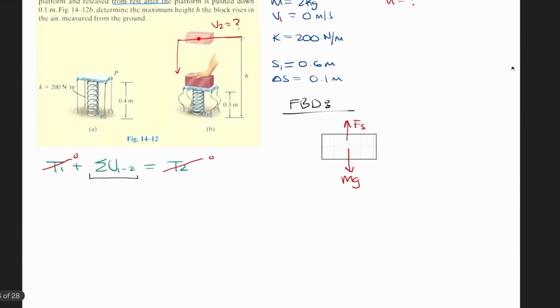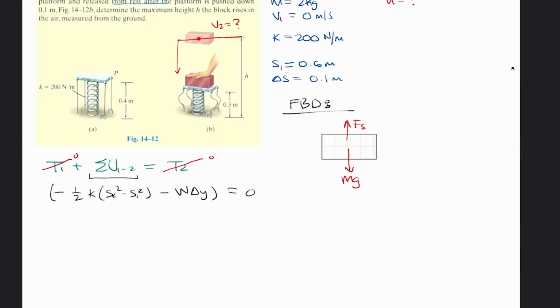So this will be the work done by the spring. All right, so the work done by the spring is basically like this. This will be minus 1/2 K times S2 squared minus S1 squared, minus the work done by the weight, and this equals 0.